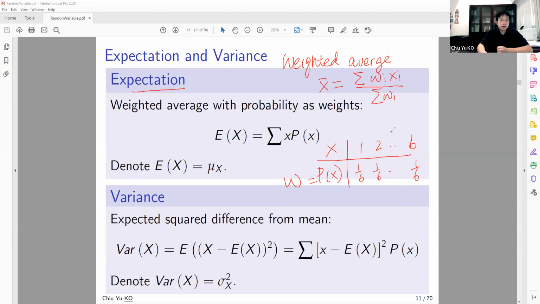Because the sum of the weights is 1, that's why you have this expectation notation. Here it means summing up, for every possible value X, the value times its weight. Remember all the weights now sum to 1 because probabilities all sum to 1. Usually we denote it as mu of X, or sometimes simply mu if we have only one random variable. Is that clear?